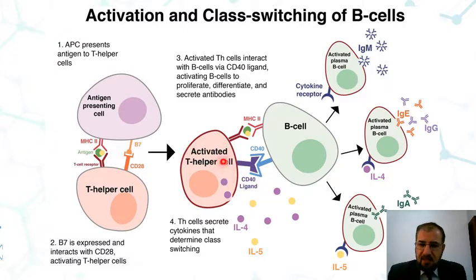Also, the activated T cell will secrete different cytokines. The secreted cytokines will determine the class switching mechanism. For example, IL-5 will switch from IgM to IgA, while IL-4 will switch from IgM to IgG or IgE. We will explain this in a table in the next slide.